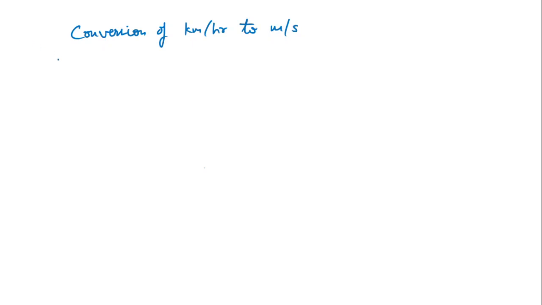So we know that in 1 kilometer there are 1000 meters, and in 1 hour there are 60 minutes, and in 1 minute there are 60 seconds. So in 60 minutes there will be 60 into 60 seconds.